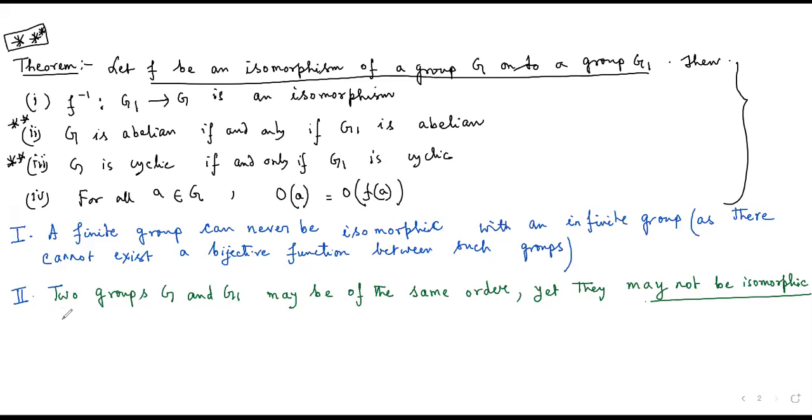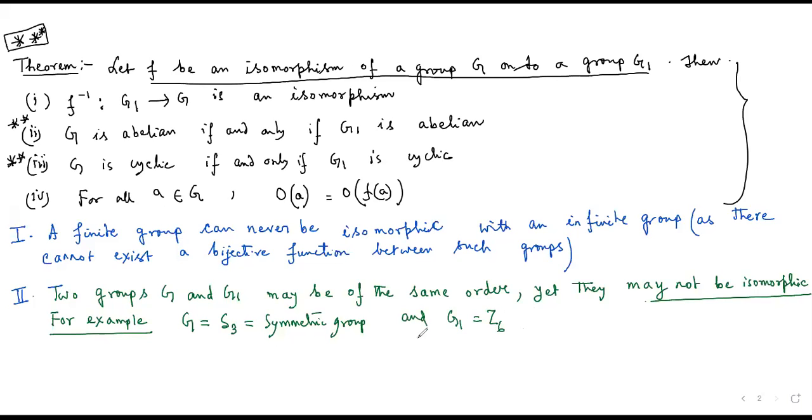Why is it so? I can cite an example for this; you can call it a counterexample. Suppose we consider the group G to be S3, the symmetric group of order 3, and G1 to be the group Z6.